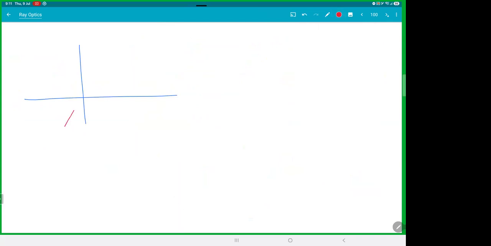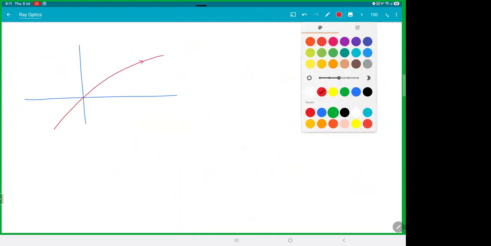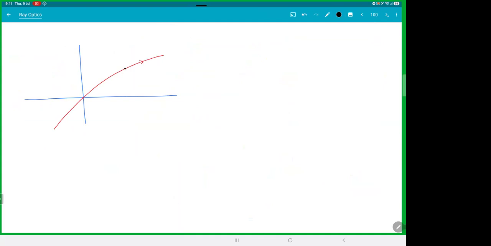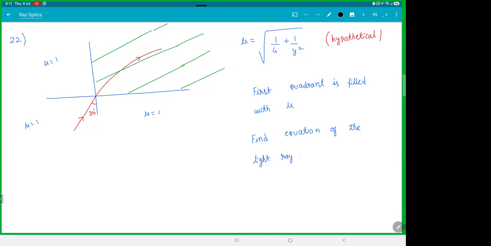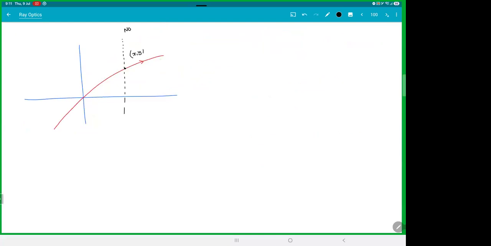So this light ray is entering here and it bends. Take some random point here, x comma y. The normal will be in the direction in which the mu changes. Here mu is changing in the y direction. So this is your normal. At this point, this green line is your tangent. Don't get confused now.